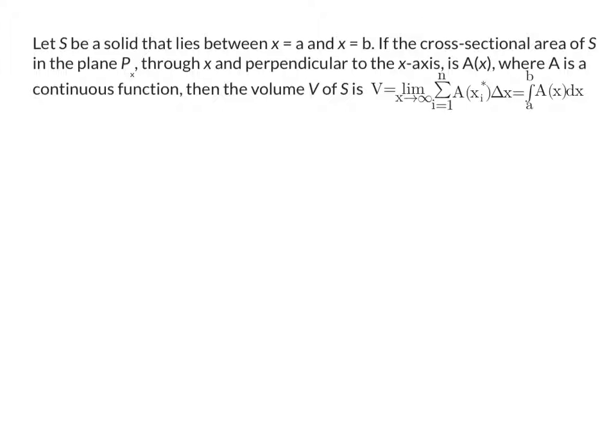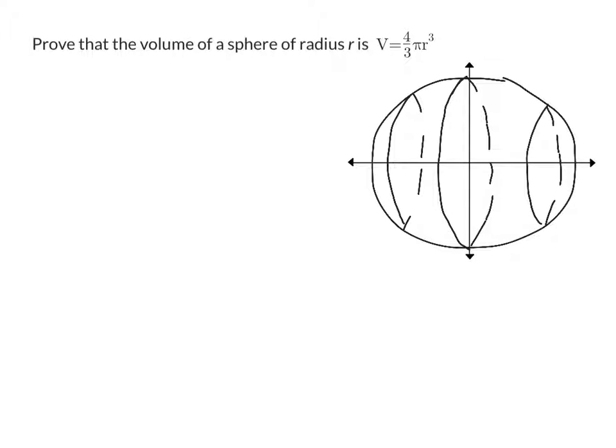So let's use this to solve the problem. We want to prove that the volume of this sphere with a radius of r is actually 4/3 pi r cubed. So the way we can do this, we have our cross-section drawn in here, and we'll focus specifically on this cross-section. It's a circle, and we know that the radius is r.